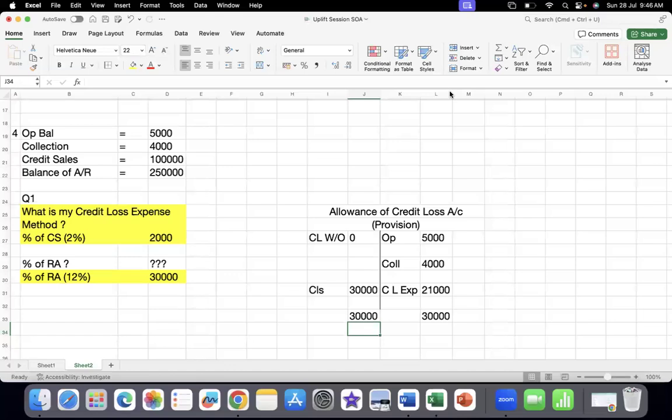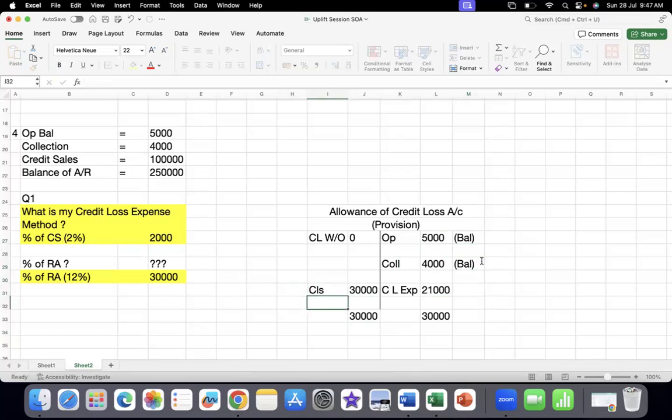So there could be a possibility that the question will give you the credit loss expense figure and request you to calculate any of these balancing figures. Either they'll tell you to calculate collection. For collection, it is always the balancing figure. Opening balance, it is always the balancing figure.